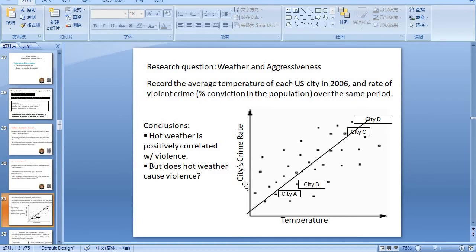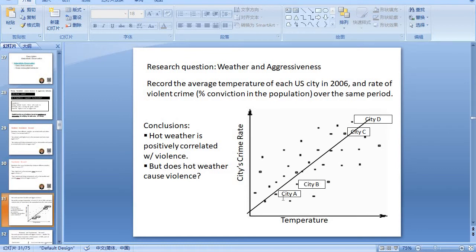in the city. And let's see, I have these dots in the scatter plot. Each dot represents a city. You can see each city gives me two numbers, two values. City A gives me a value on temperature, the annual temperature, the yearly average temperature.